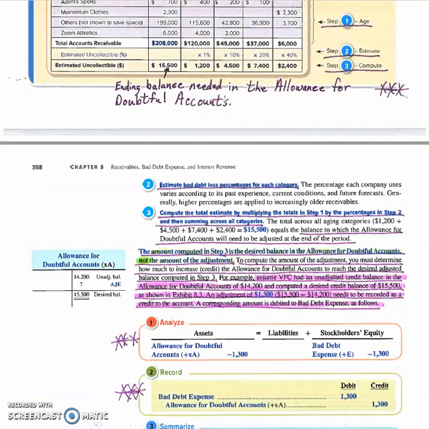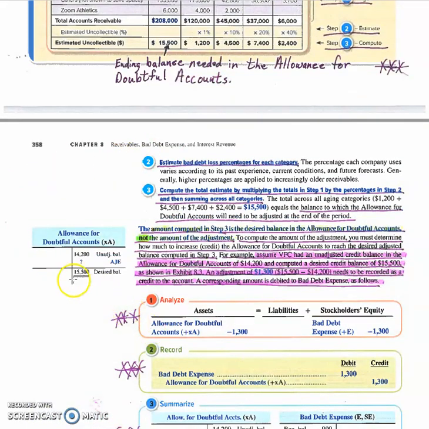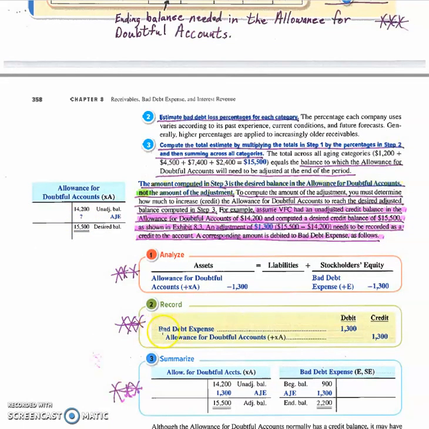So in the margin down here, here's the balance that we have, and there's the balance we need. So we need a credit of $1,300. We're going to debit bad debt expense and credit the allowance for doubtful accounts for that $1,300, and that gets us to the balance we need.